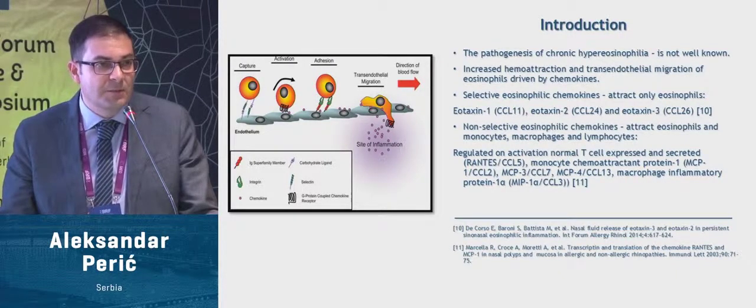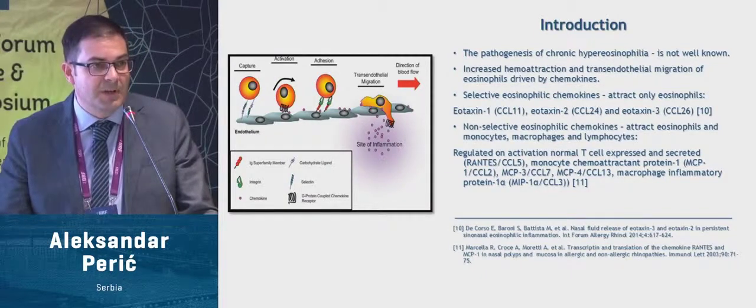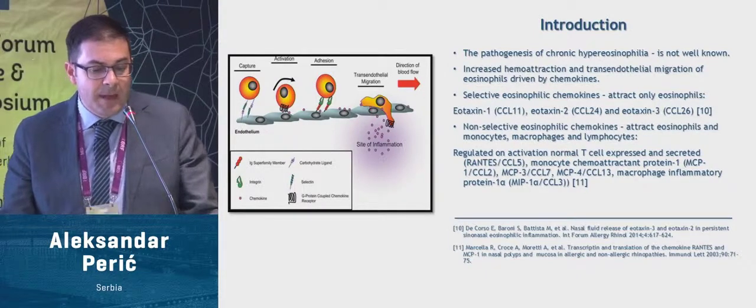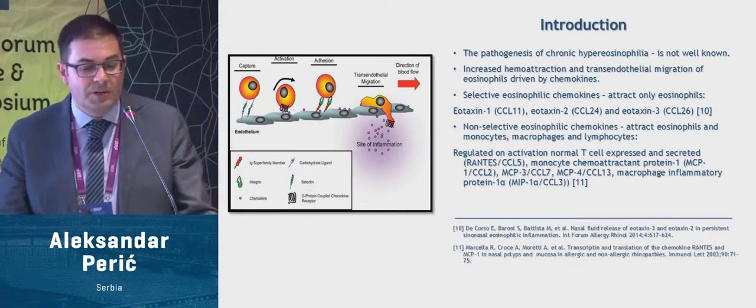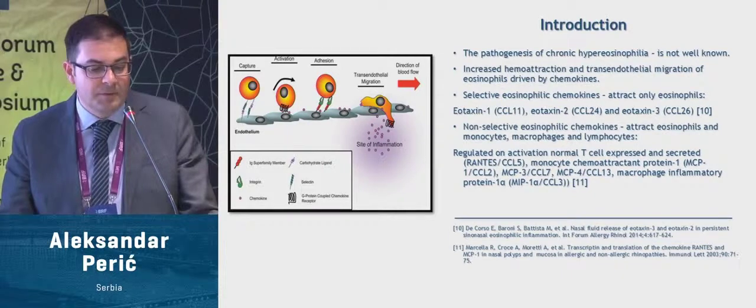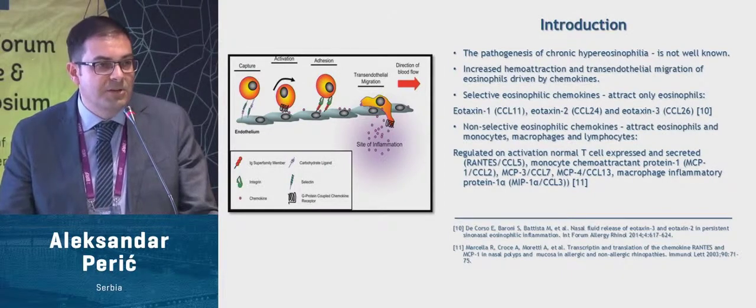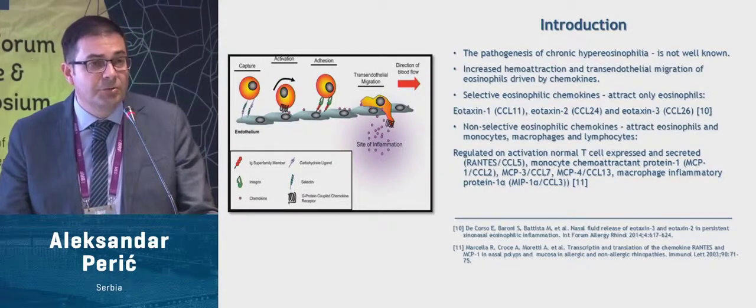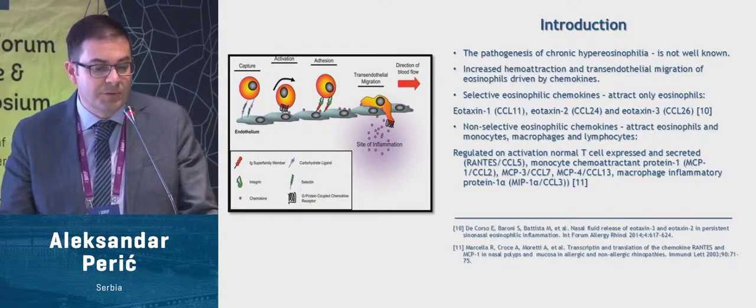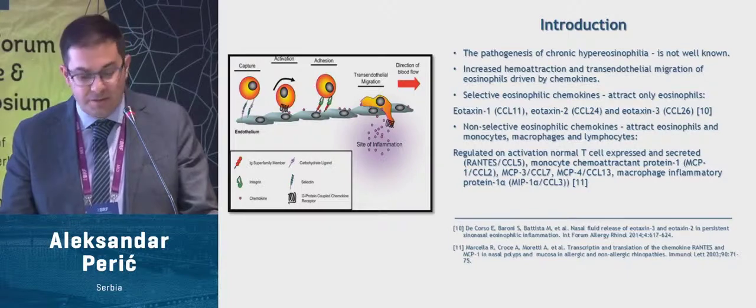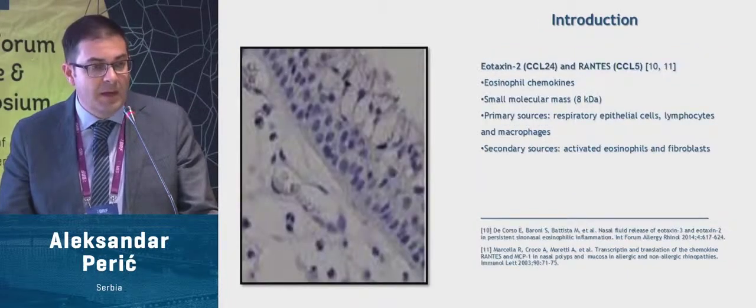On the other hand, non-selective eosinophilic chemokines, including regulated on activation, normal T cell expressed and secreted, or RANTES, monocyte chemoattractant protein 1, or MCP1, MCP3, MCP4, and macrophage inflammatory protein 1 alpha, MIP1 alpha, attract not only eosinophils, but also monocytes, macrophages, and lymphocytes.